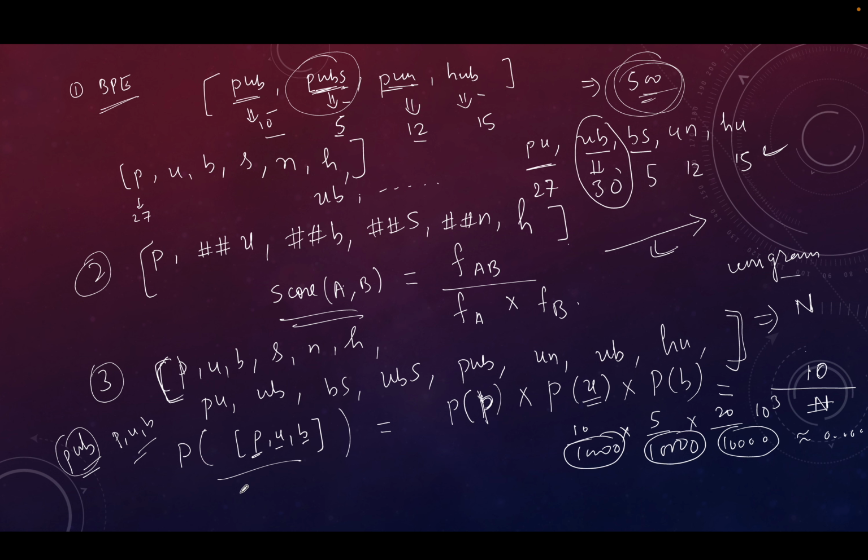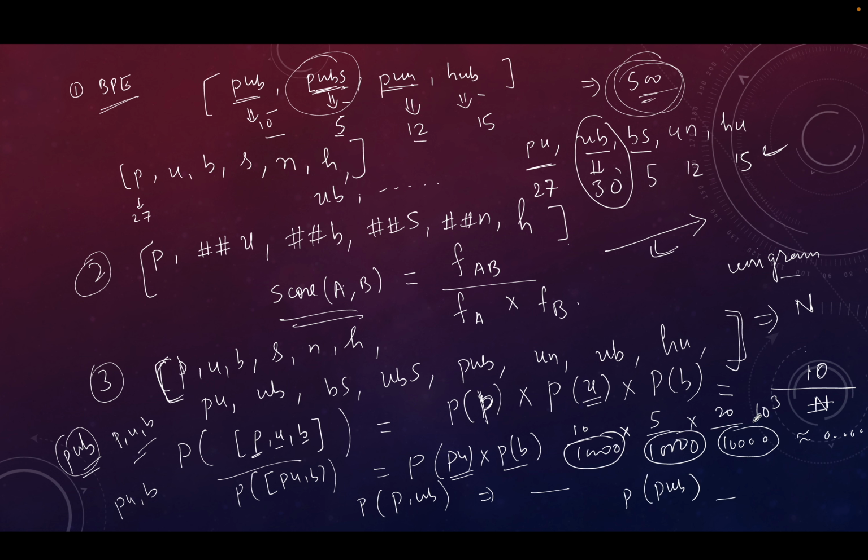And the other way would be to break it into PU and B. So in this case it will be probability of PU and B, which will be probability of PU multiplied by probability of B. So in this case 10,000 will be in the denominator only 2 times. Similarly, you need to calculate probability of P and UB, and you will get some value, and you will also calculate the probability of PUB together. So depending on this, the words are broken into tokens.